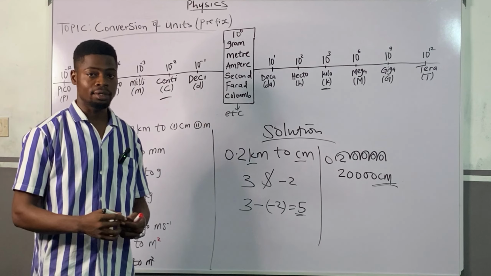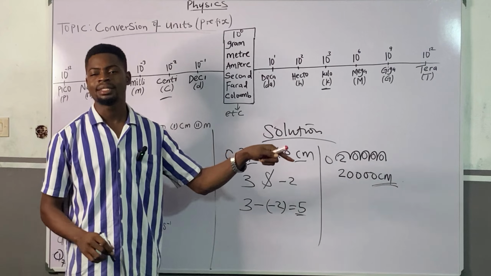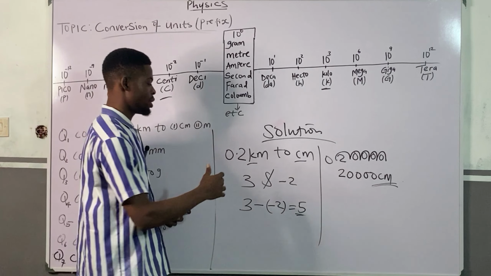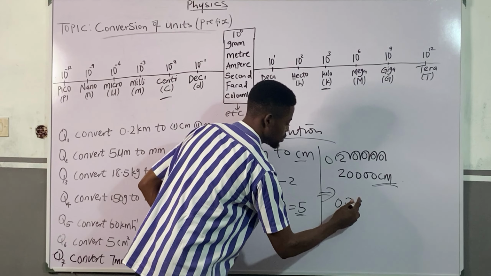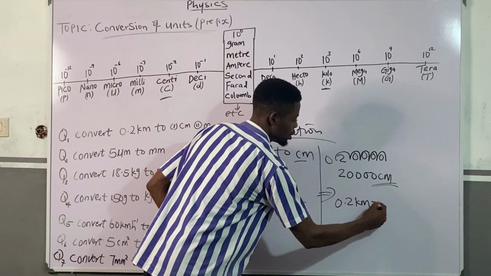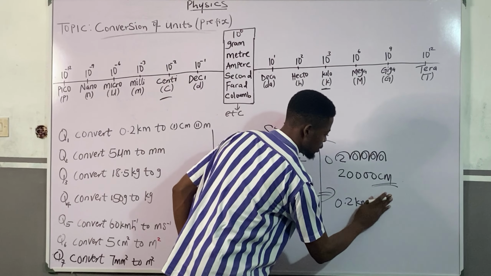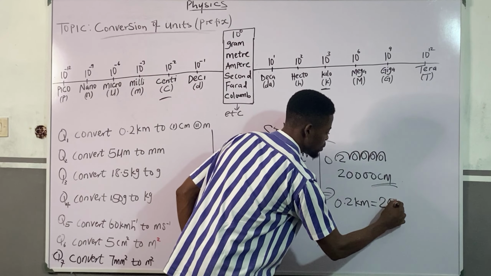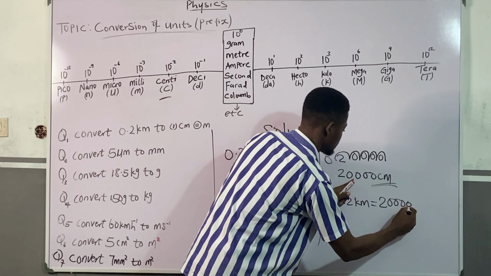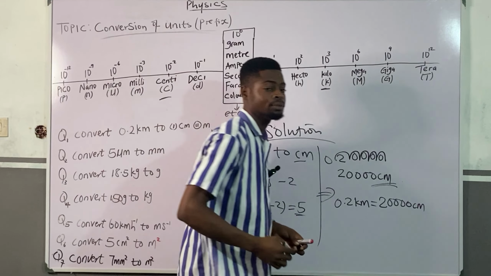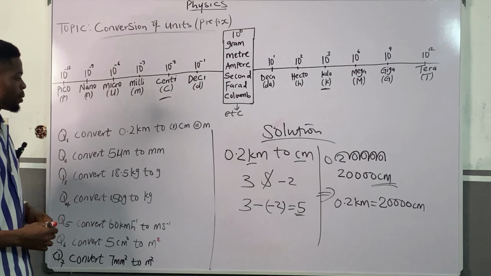So you have converted 0.2 kilometer to centimeter. Therefore, 0.2 kilometer is equal to 20000 centimeter. That is for question number 1.